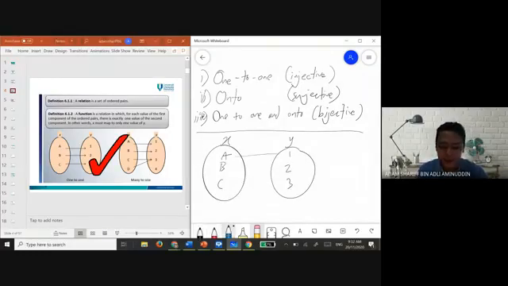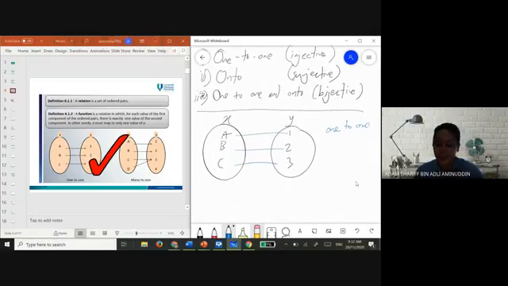Dan this one is definite 1 to 1 function. Every element in the domain is assigned uniquely. So this is 1 to 1, definitely. Dan juga onto, by the way tapi saya nak asingkan.